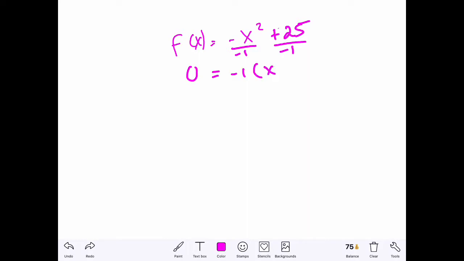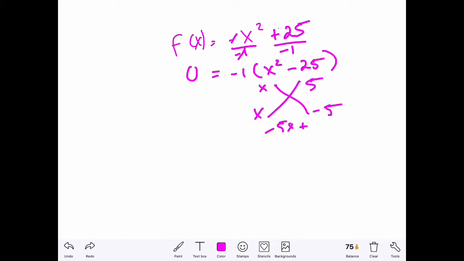That leaves me with x squared, the negatives cancel, and minus 25. And then I say, oh, I can factor that further. x and x, draw my magic x, 5 and negative 5. I do my cross multiply check, and I notice I have no bx term. Well, that makes sense, it would be right there, but it's not. So I know my factors are x plus 5 and x minus 5.